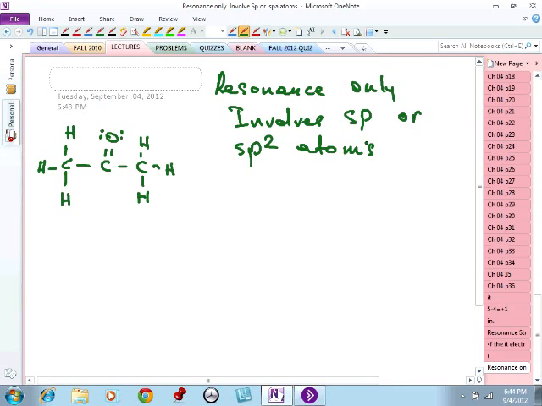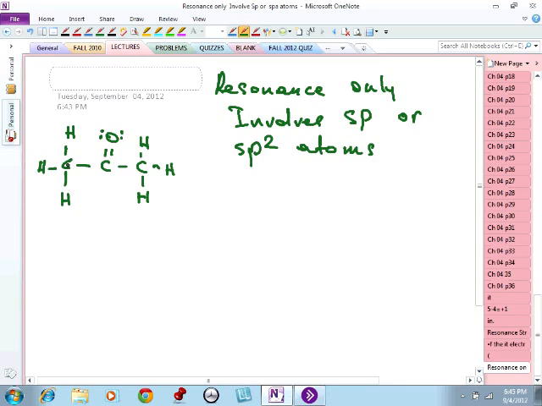Because for resonance, you only need to move either the pi electron or the non-bonding electron. For you to involve an sp3 carbon or atom, that means you have to break a sigma bond. You cannot do that. Okay, so that is very important. Okay, so that is the answer to your question.